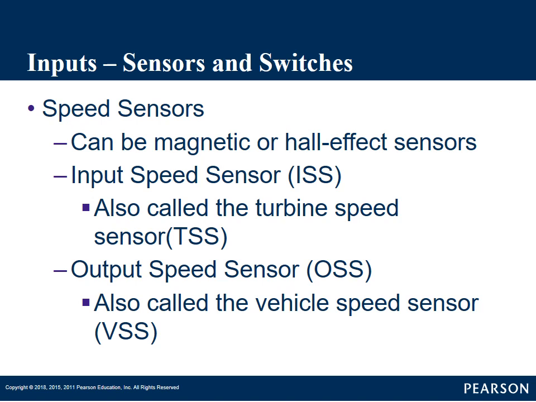A lot of your newer transmissions, or most electronic transmissions, will actually tell you the gear ratio. Using an input speed sensor and an output speed sensor, we can tell what the actual gear ratio of the transmission is in. If we're running in first gear, it should be able to tell you what that gear ratio is. If that ratio is off, then they can set codes.